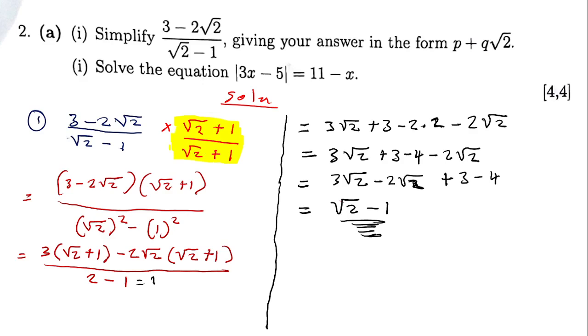The other part where people make mistakes is multiplying this with the one which has a square root 2. People normally make that mistake there. They also make a mistake on the difference of two squares, so this is a part you need to give much attention as you solve.